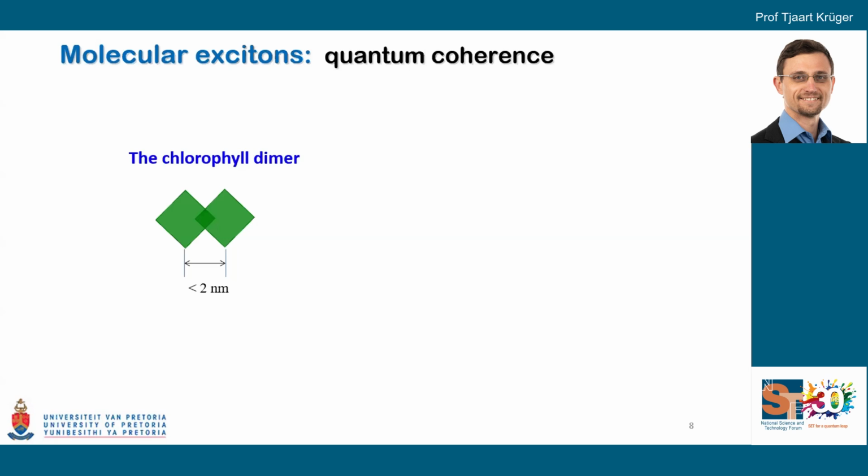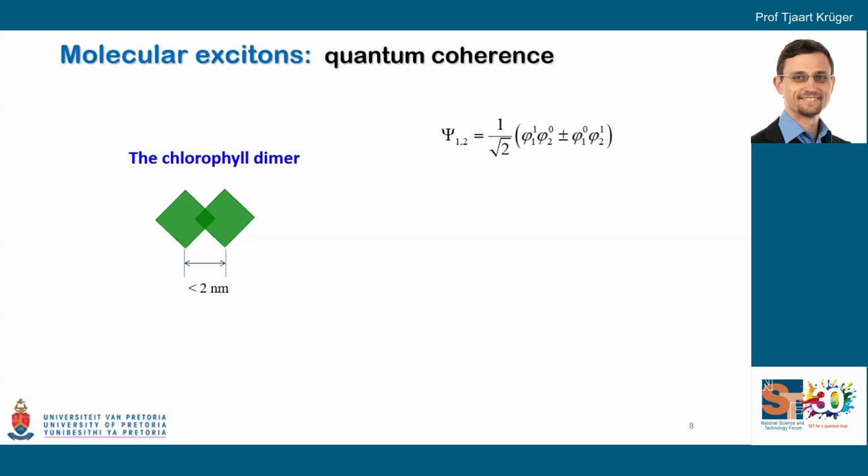So it is a quantum coherence, a quantum superposition, that is formed, which we can write like this. We are now not talking about individual chlorophylls anymore, but we must consider a quantum superposition. In other words, the system samples all possible quantum states with some probability, and we must describe all the possible states at the same time.